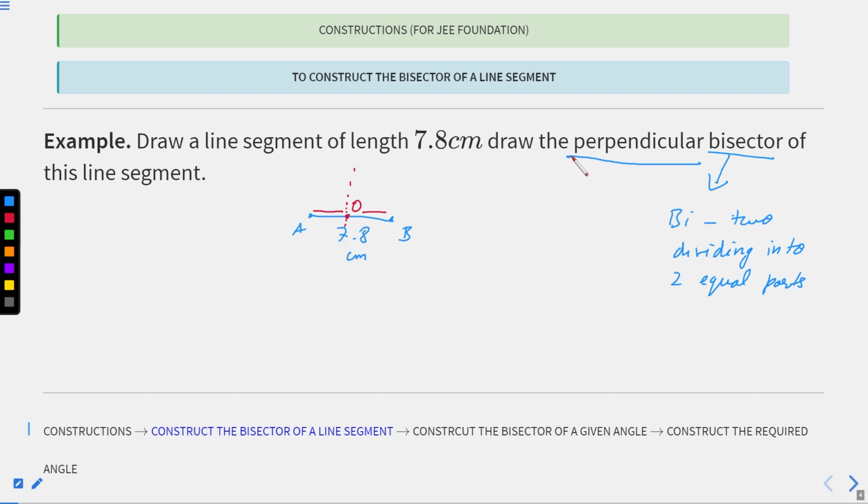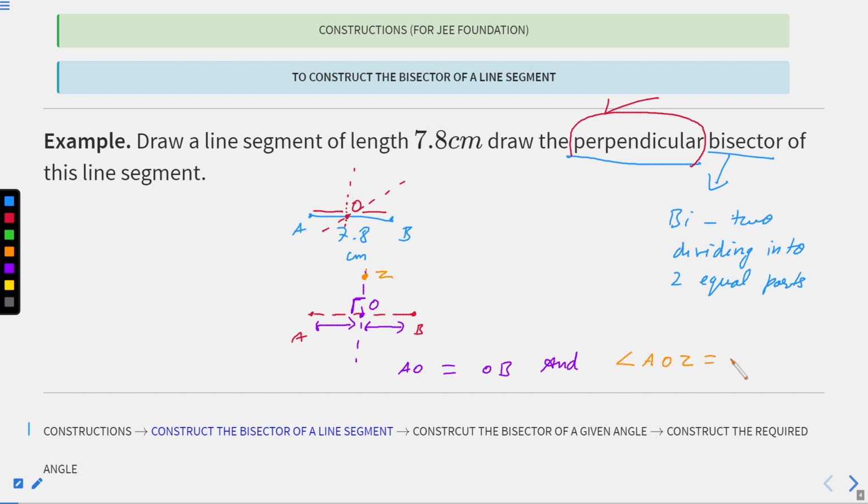But there is another word, perpendicular, and we need a perpendicular bisector. A line can divide AB in other ways too, but we are asking only for the perpendicular bisector, meaning AB is divided in such a way that, say this point is O, AO is equal to OB, and on this line let's name a point Z, so the angle AOZ is equal to 90 degrees.